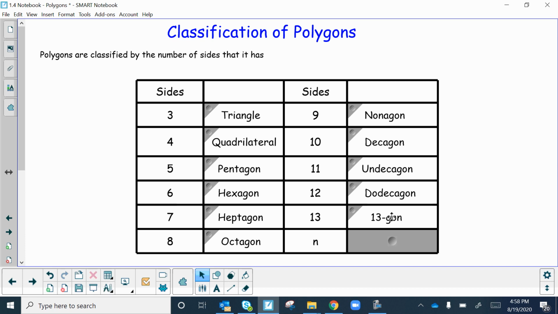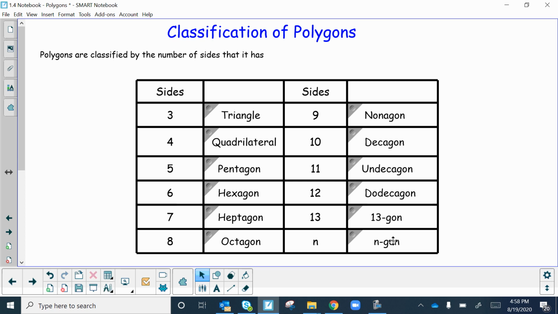I know there's probably some specific names, but once we get past 12, we can just use the actual number. And then n is n-gon for any number of sides, anywhere from 3 to a very large number.